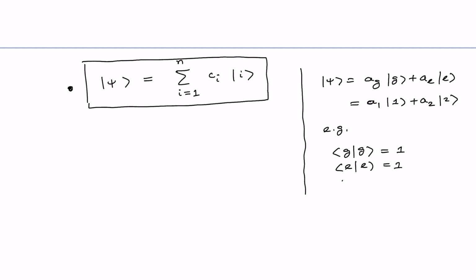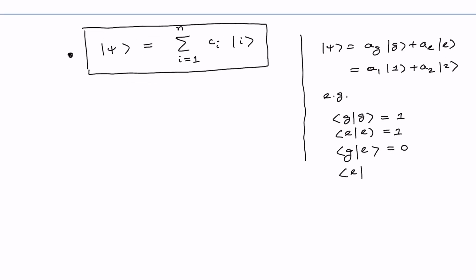But the ground state and the excited state basis states are orthogonal to each other, which I can write as the scalar product ze is equal to 0 and ez is also equal to 0, because these basis states are orthogonal to one another. In fact, I can write a general expression here for any two basis states i and j.